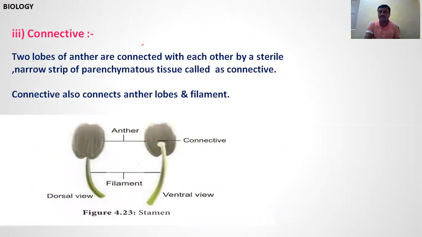And last is the connective. The anther and filament are connected to each other with the help of the connective. It is parenchyma tissue, a narrow strip, and it is sterile. Two lobes are also connected to each other by the connective. It is not involved in sexual reproduction. It is the sterile part of the stamen.